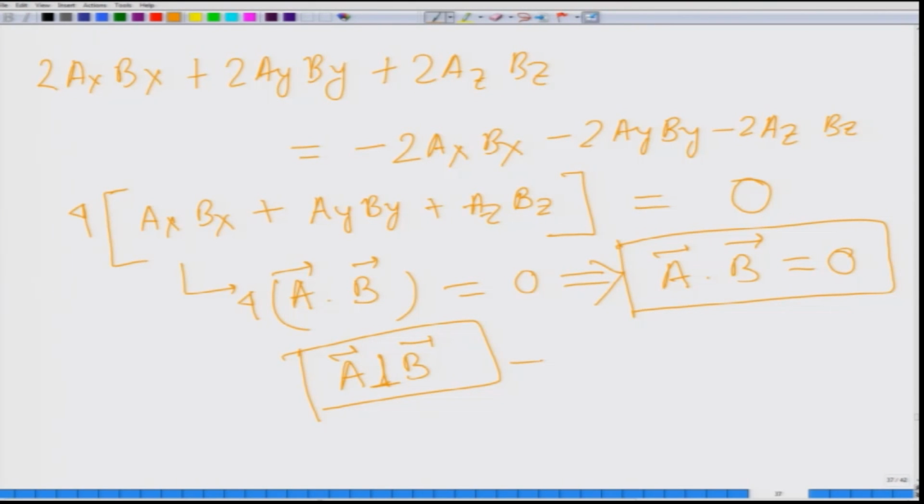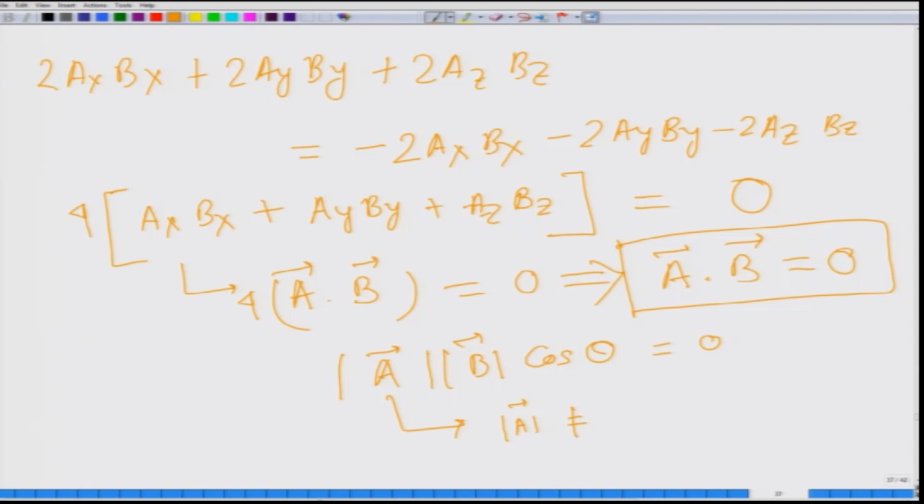So we see that the dot product between the two vectors A and B is 0. The dot product between two vectors is mod A, mod B, cosine of the angle between them, let's call it theta, is 0, and mod A is not equal to 0 and mod B is not equal to 0.